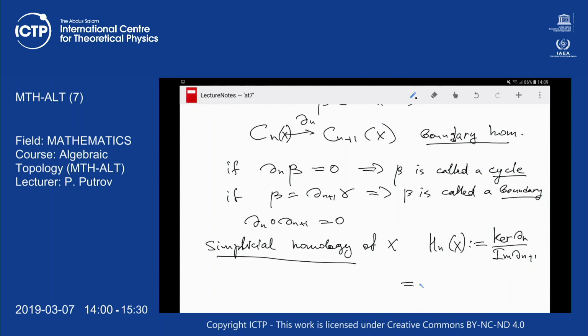Or using this terminology, we consider all n-cycles modulo n-boundaries.